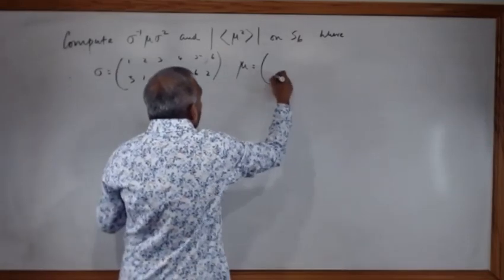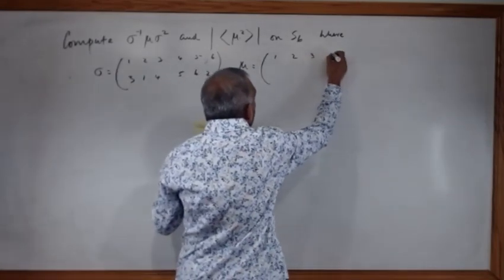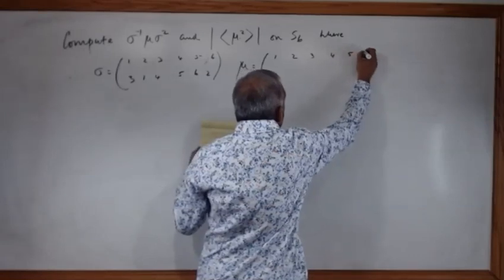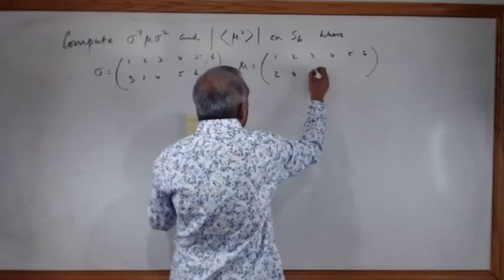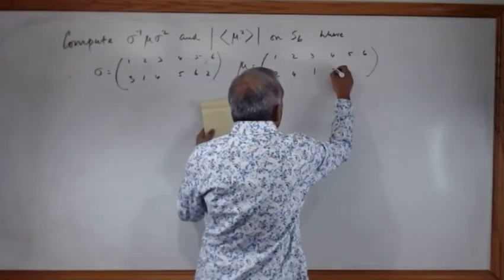Mu is equal to 1, 2, 3, 4, 5, 6 mapping to 2, 4, 1, 3, 6, 5.